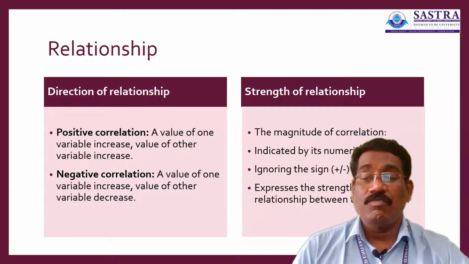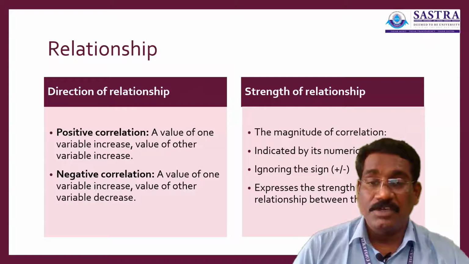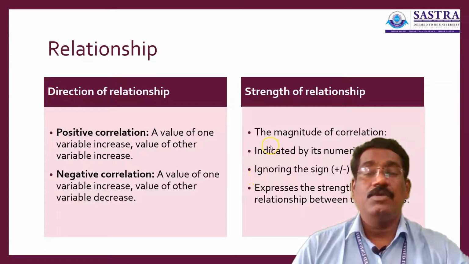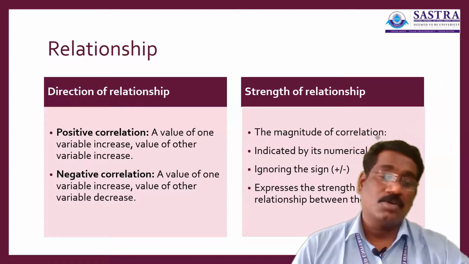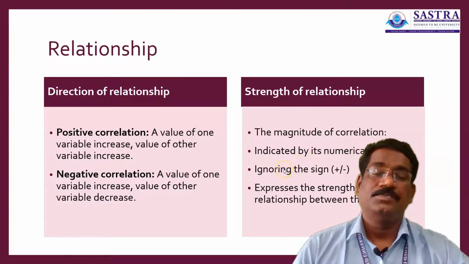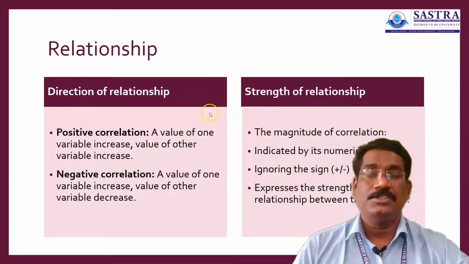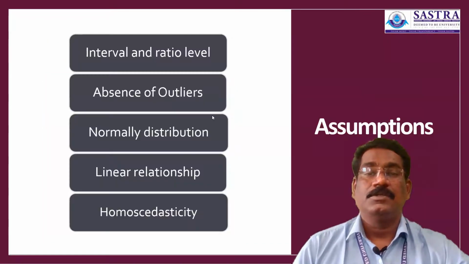So the value of one variable, that is stress, increases, and the value of the other variable, that is productivity, decreases. And we also look at the magnitude of the correlation, whether it is weaker, moderate or stronger, and also the direction of the relationship, as we mentioned.